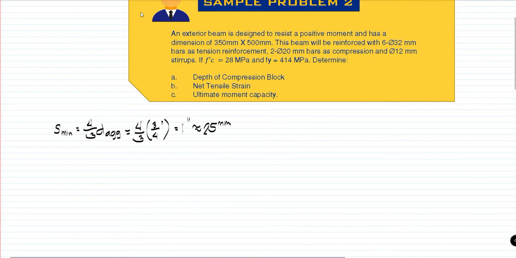The next one will be S minimum is equivalent to a value which is 25 mm na exact value. The third criteria will be S minimum should be equivalent to the diameter of our bar. So the diameter of our main bar is 32 mm.